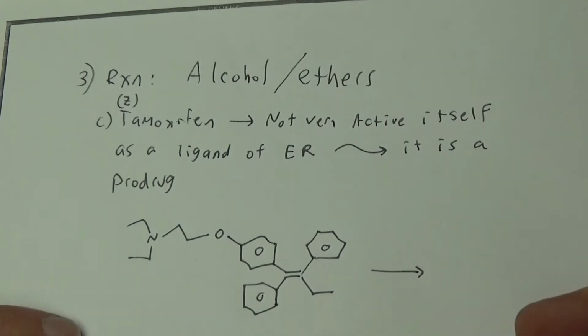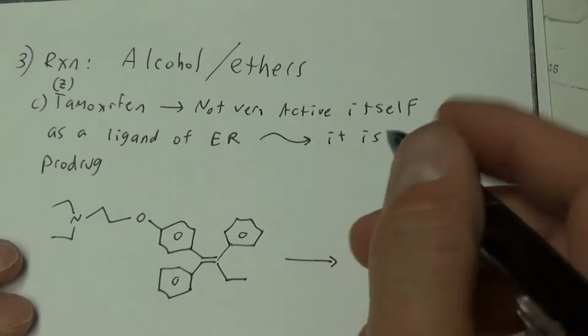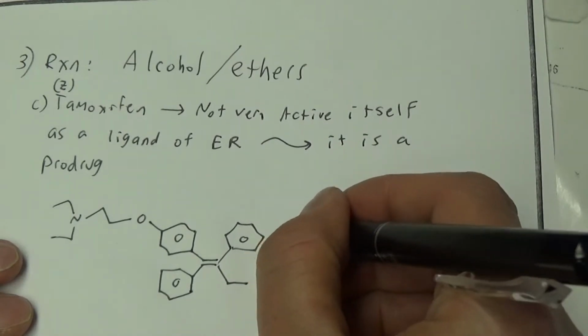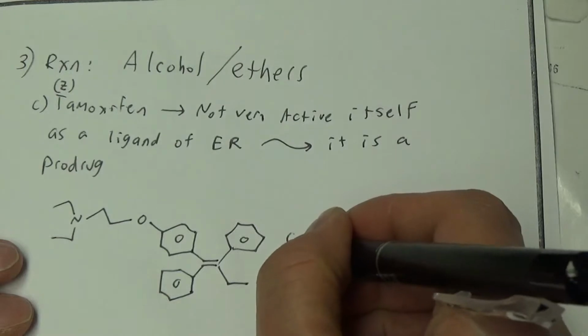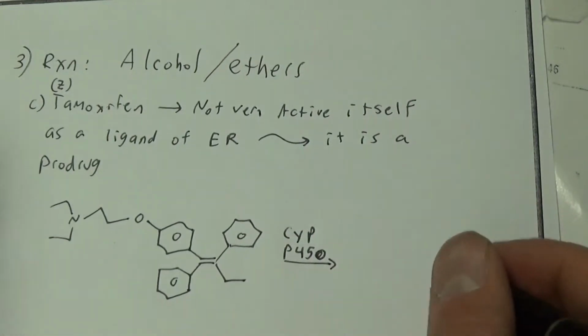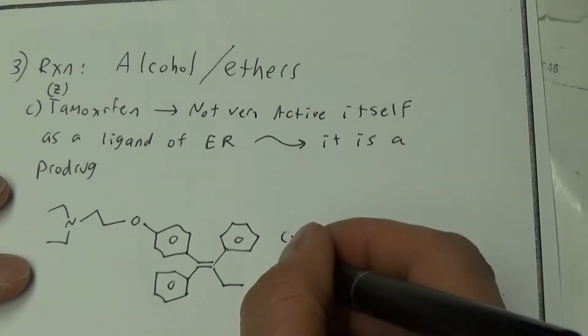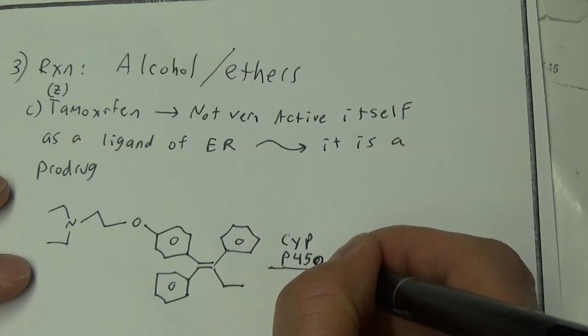Okay, so the enzymes that do this kind of oxidation chemistry are called isoforms of Cytochrome P450. They're variations of this protein, and they all do different oxidative or hydrolytic reactions.